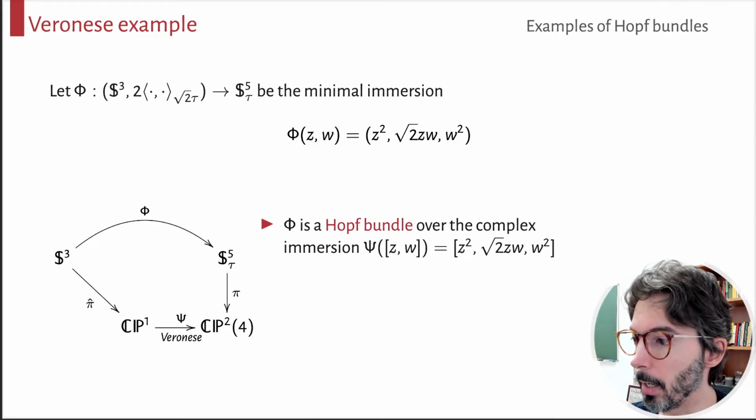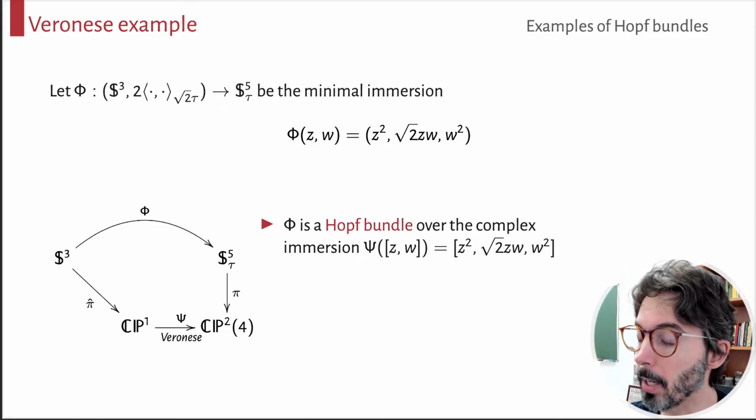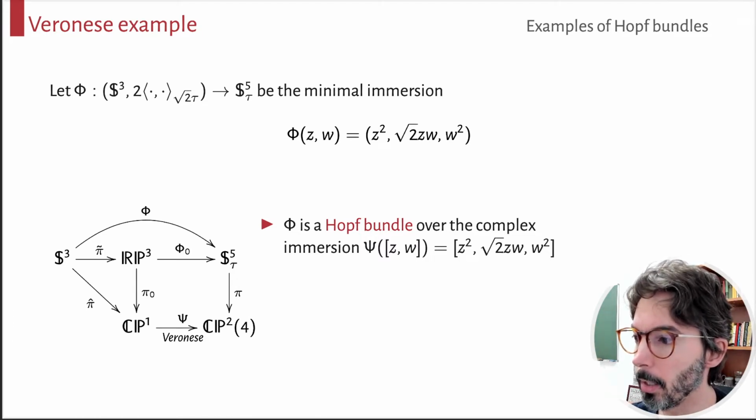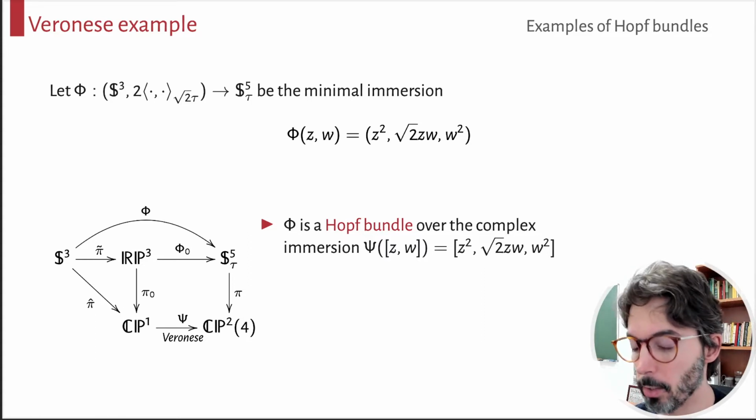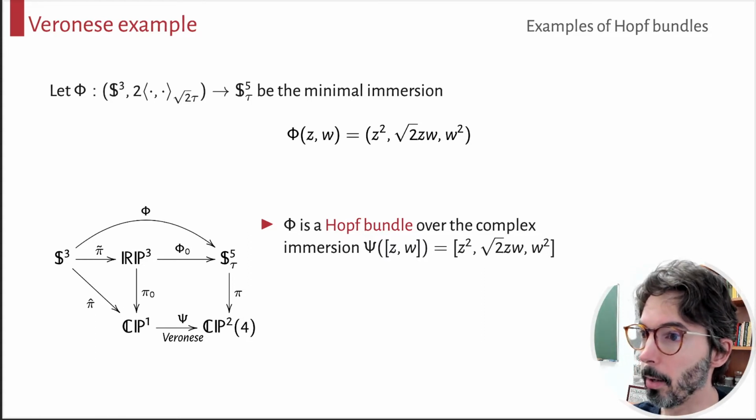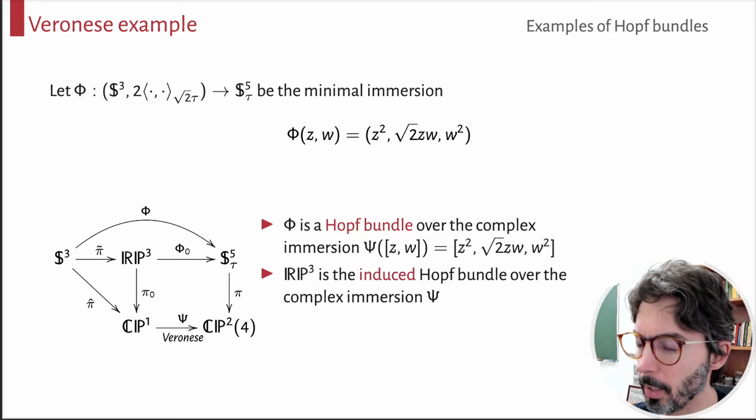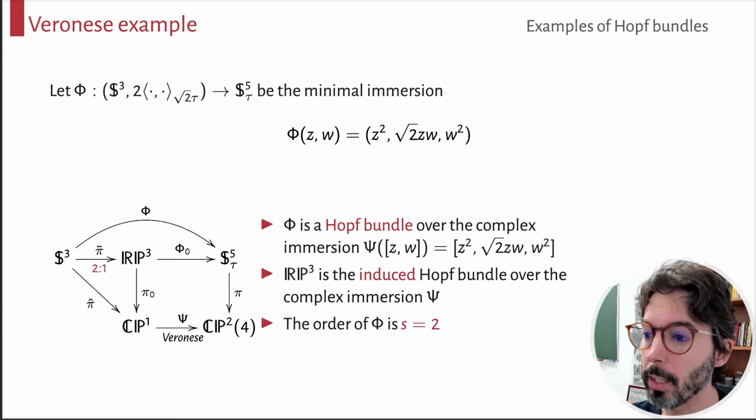Now we can consider the induced bundle. In this case, the induced Hopf bundle is given by RP3. So the Veronese example is actually a Hopf bundle of order 2.